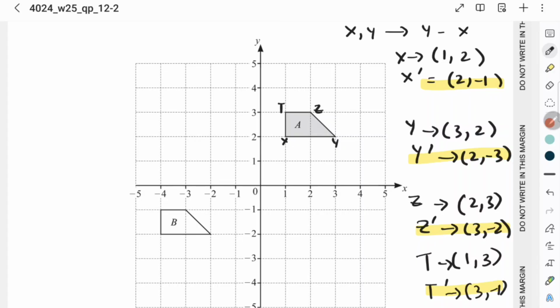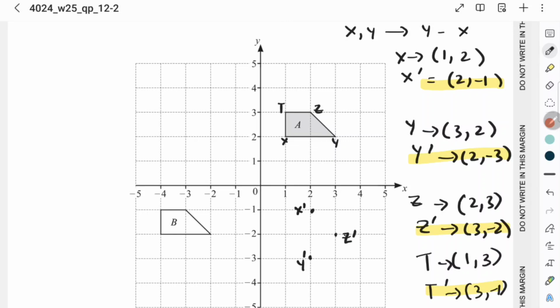So the first one is (2, minus 1). This is your first one. The second one is (2, minus 3). And the third one is (3, minus 2). So (3, minus 2) will come over there.